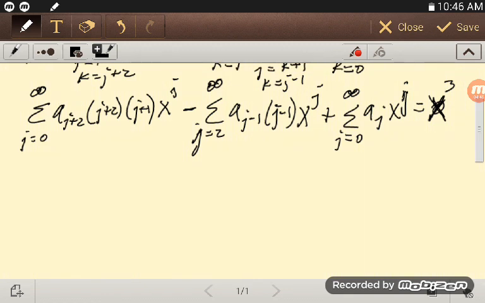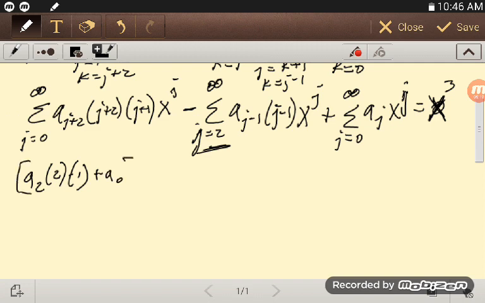So now, putting this all together, notice here I've got j equals 2. So I'm going to have to start with the j equals 0 and j equals 1 all by themselves. So j equals 0, I would have an a2 times 2 times 1, x to the 0. And over here, I have an a0 times x to the 0 plus a0.